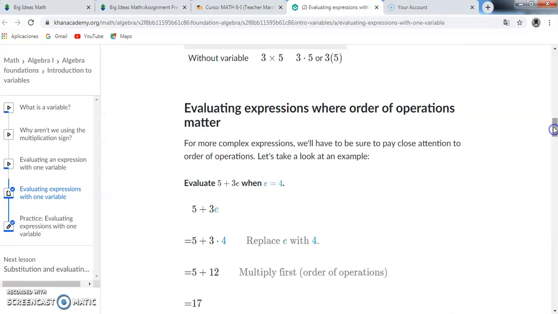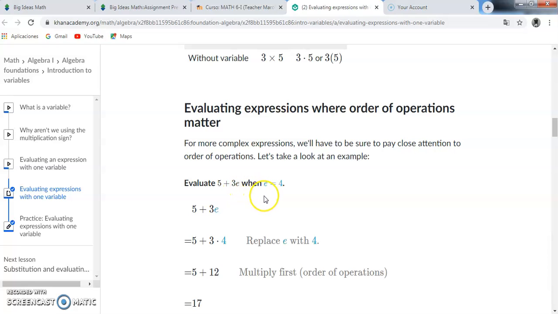Here, in this case, I have evaluating expressions where I need to take into consideration PEMDAS. So here it says 5 plus 3e. The first thing I need to know is 5 plus, this means 3 times e. And they give me the value of e.